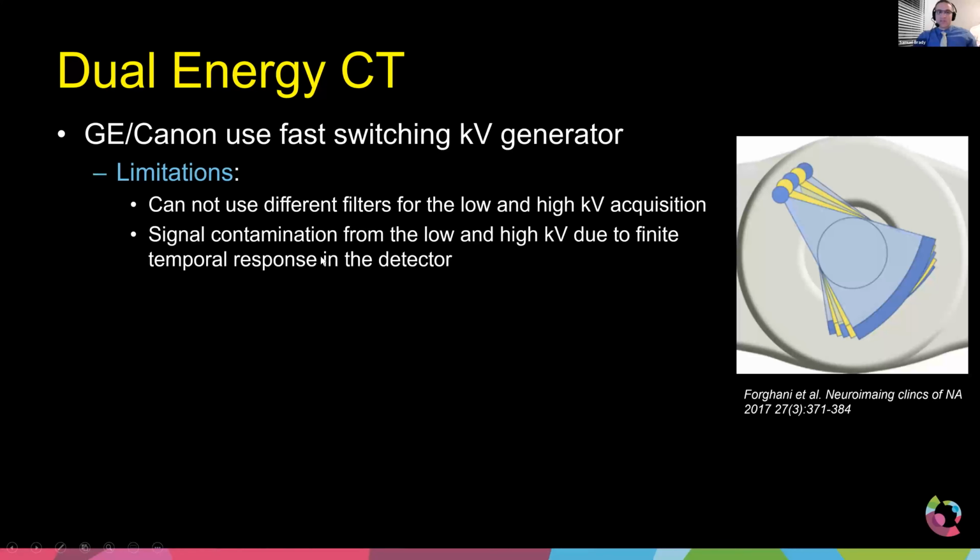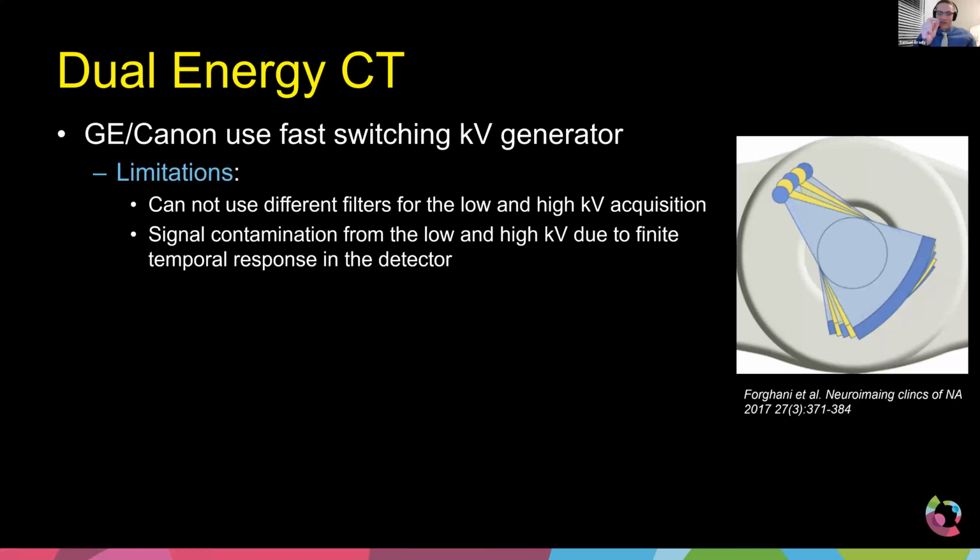There is also slight signal contamination when you switch from 80 to 140. It's not a perfect 80, then it turns off the 80, and then it goes to 140. And so sometimes as it spins from one half a degree to another and collects more data from the high energy as it goes from low to high, there may still be a little bit of low energy data in that detector element when you switch over and start collecting at a high energy.